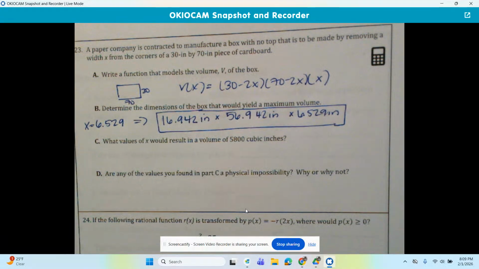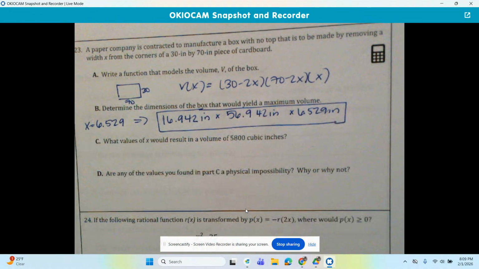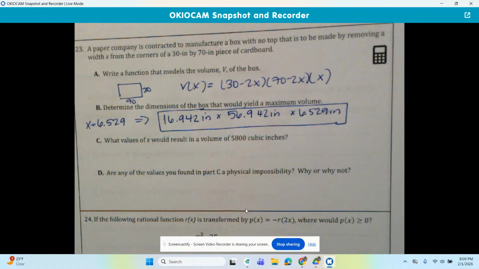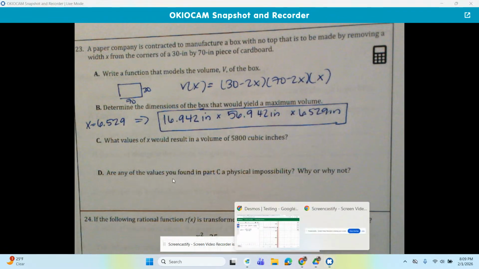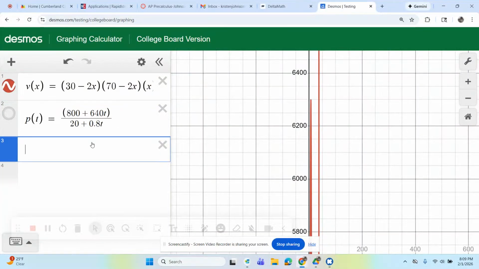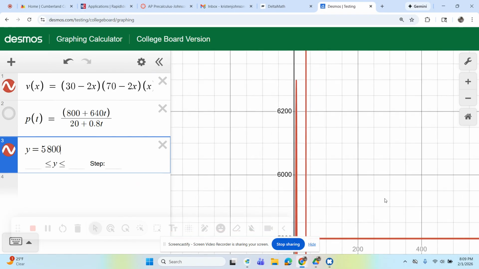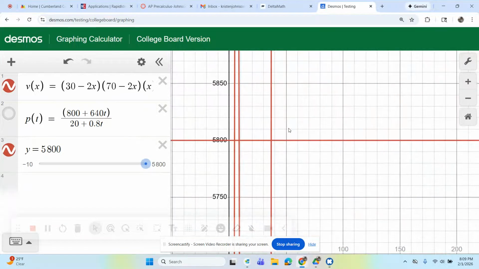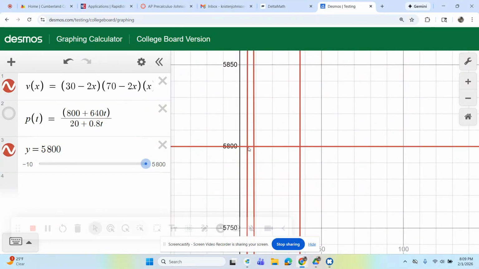All right. Let's keep rolling numbers. Letter C, what values of x will result in a volume of 5,800 cubic inches? Okay, so here we are. 5,800.